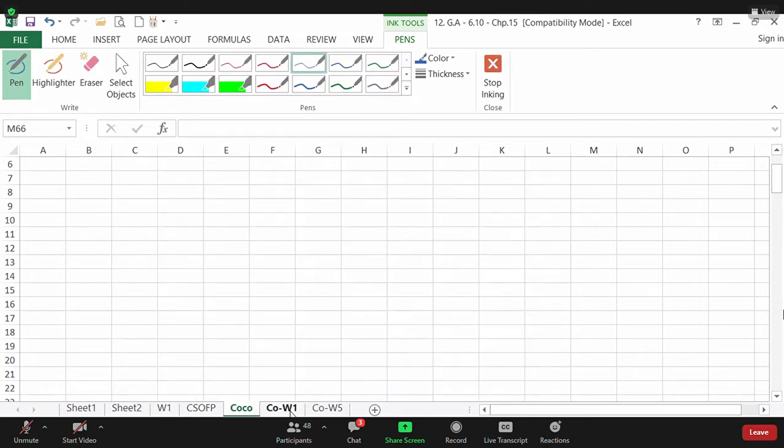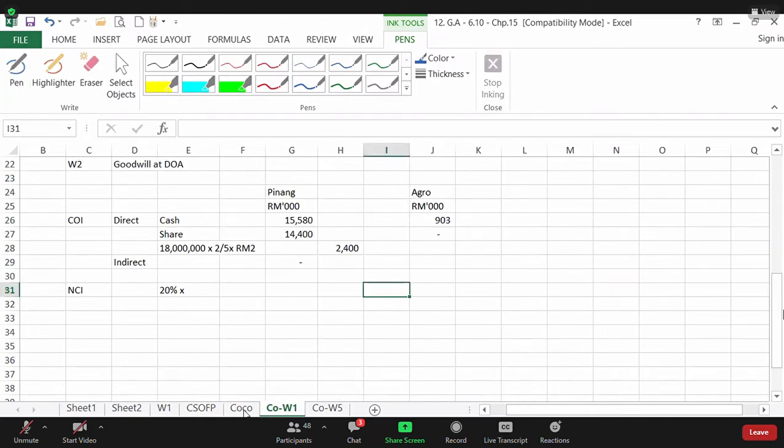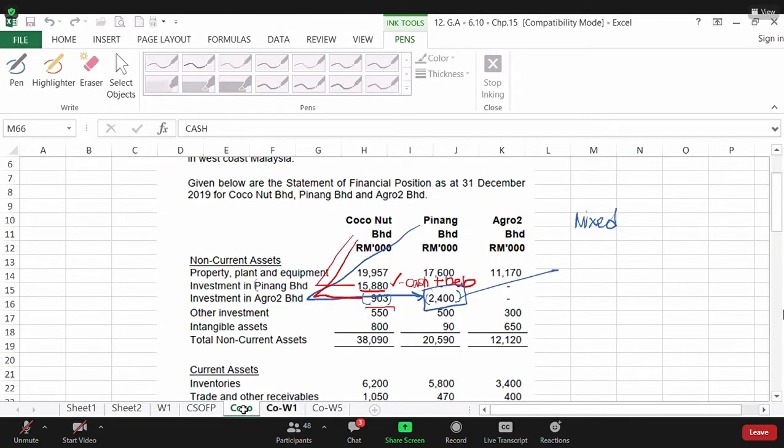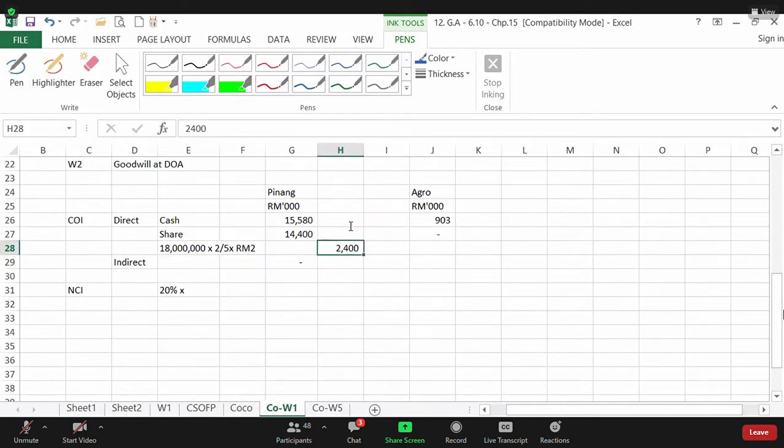How many percent do you acquire in Penang? 80%. So this 80% is the indirect calculation. So you have to find 2.4 times 80%. So that is the working for indirect. Sorry, I put the wrong row. Supposedly this one.